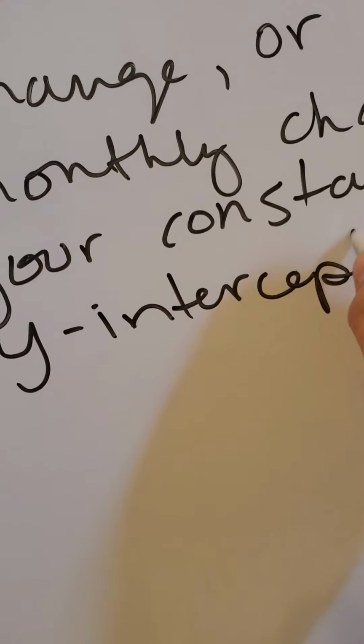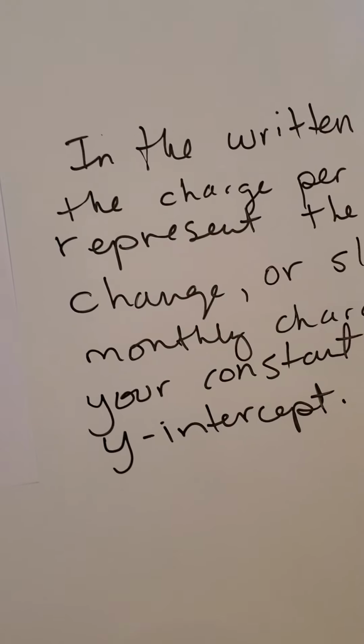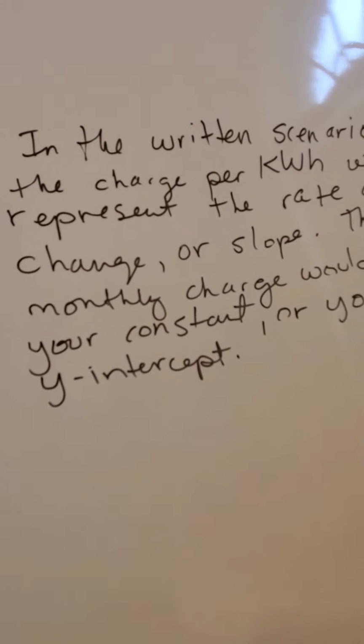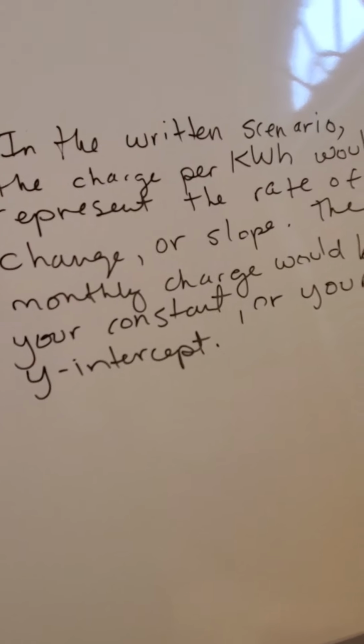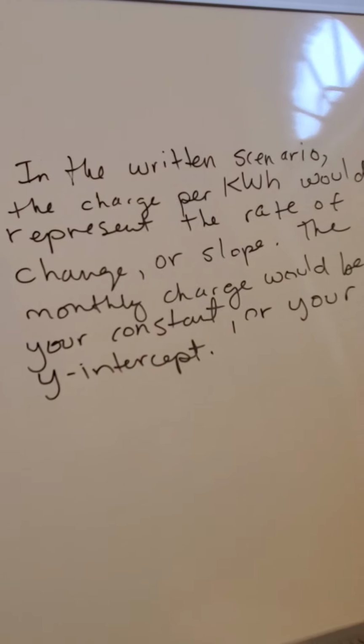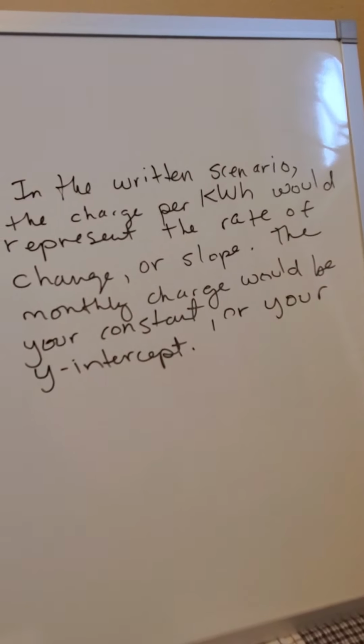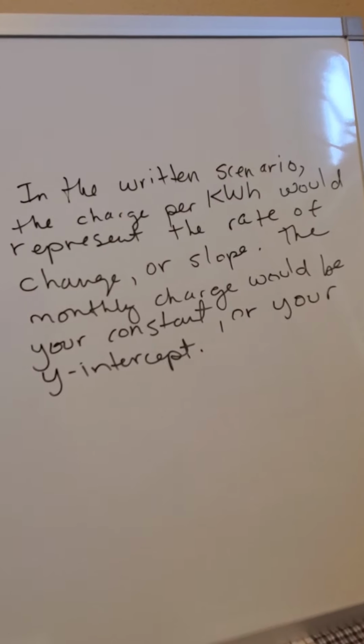You guys remember that word, y-intercept? Okay, so here again it says, in the written scenario, the charge per kilowatt hour would represent the rate of change or slope. The monthly charge would be your constant or your y-intercept.